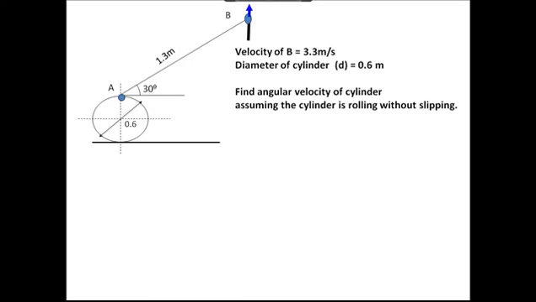Next, this is also a two-link problem, but you can say one member is a cylinder. The system is that point B is going up, there is some kind of roller going up the wall. Diameter of the cylinder is 0.6, and we are required to find angular velocity of the cylinder.